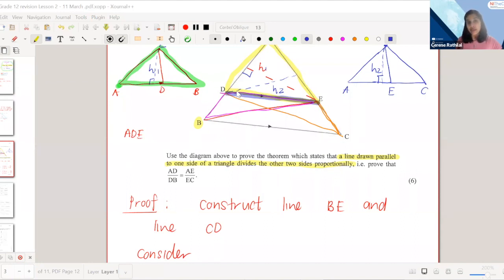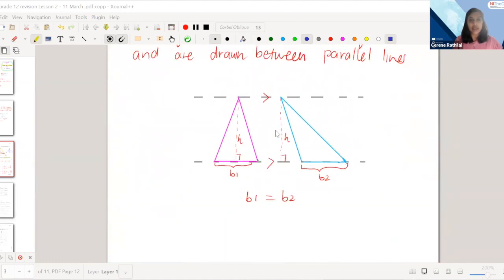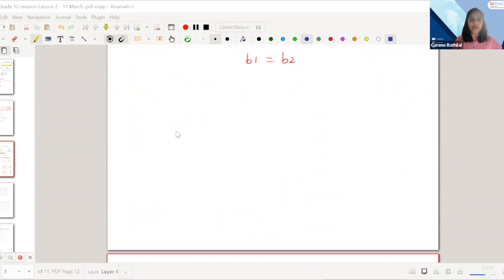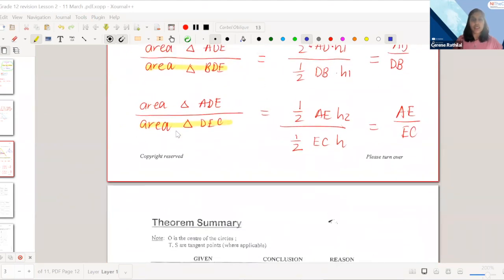And secondly, both those triangles lie between two parallel lines, which by the previous result infers that the areas of the two triangles must be equal. So that's what we have. Because the areas of the two triangles are equal, the area of triangle BDE equals the area of triangle DEC.